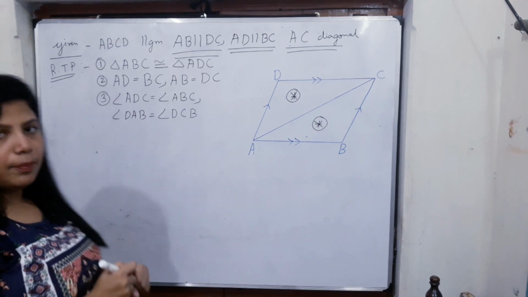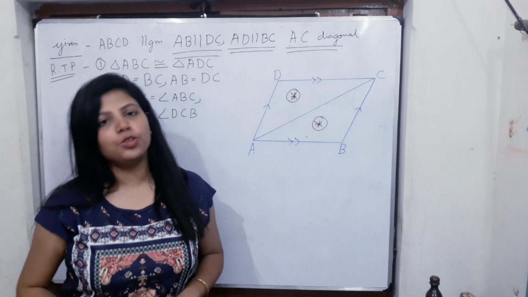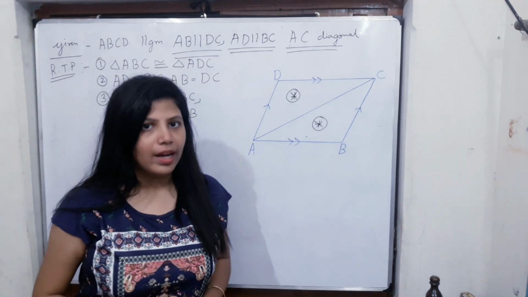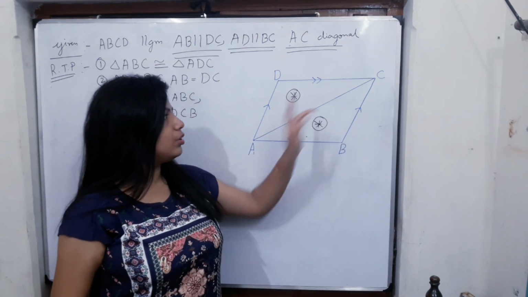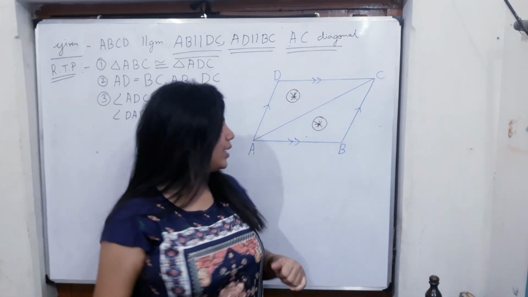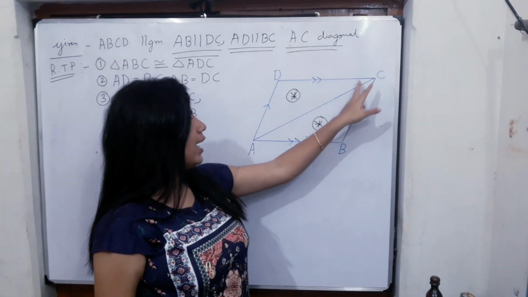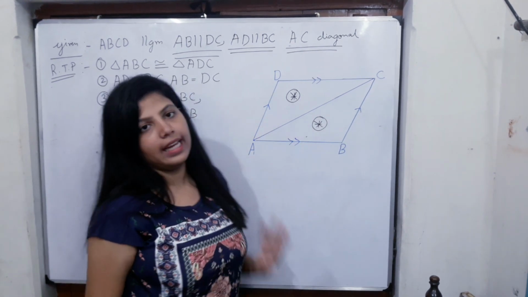So here in RTP there are three parts. Number 1, congruent triangles. Number 2, opposite sides are equal, that means AD equals BC and AB equals DC. Number 3, opposite angles are equal, that means angle A equals angle C, the whole one, and angle B equals angle D.